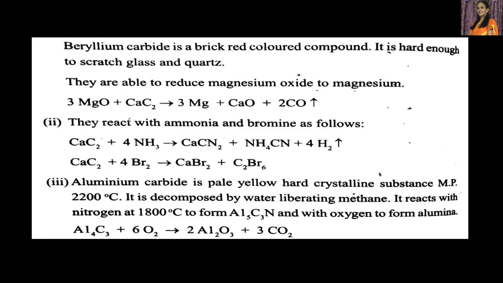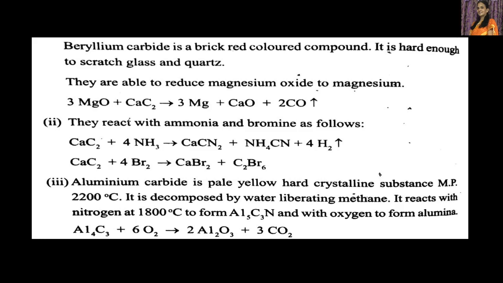So these carbides have the capacity to reduce metallic oxides like magnesium oxide to magnesium. The carbides act as a reducing agent in this reaction.